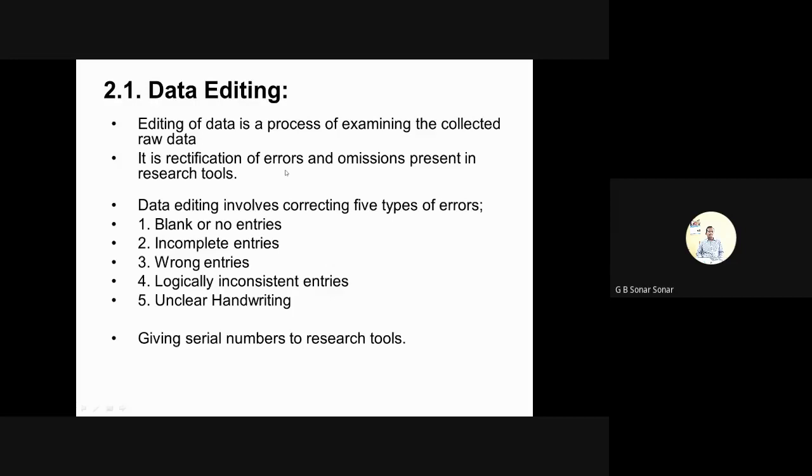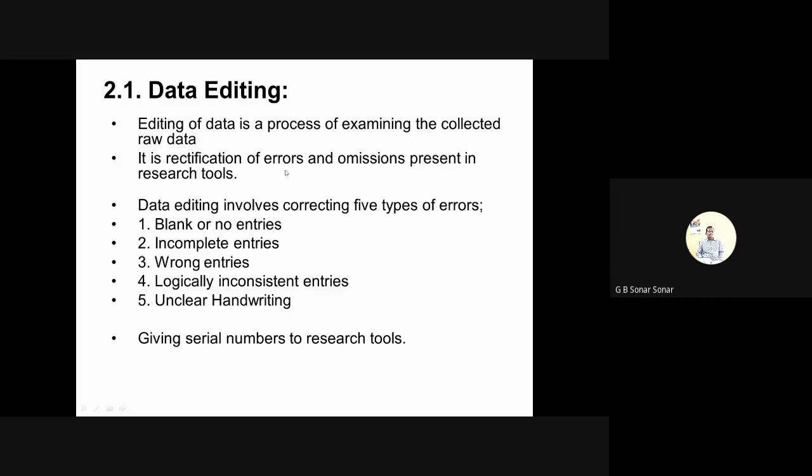So once the data editing is done, the researcher must give a serial number to all the 221 research tools, using a pen, not a pencil, at the top right corner of the first page of the interview schedule. This is a very important step to be followed at the data editing stage.